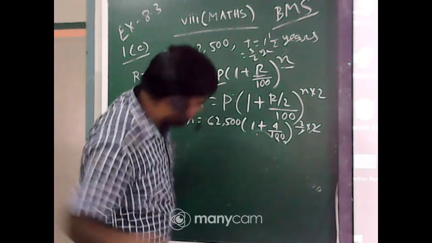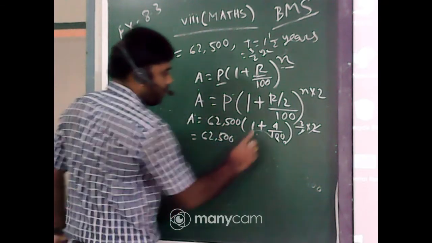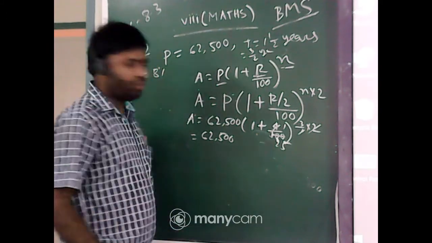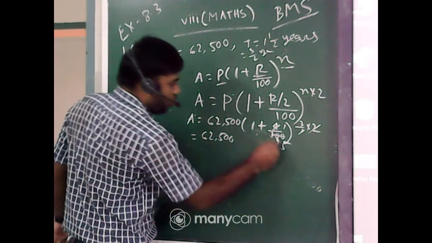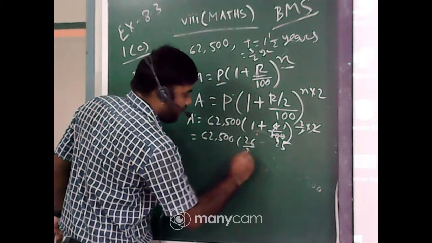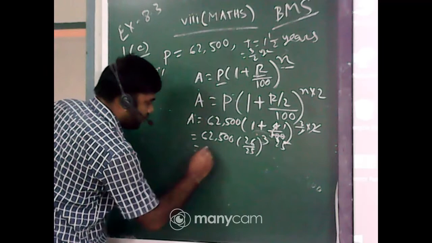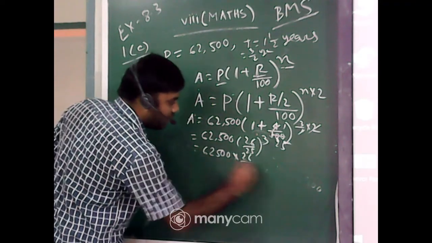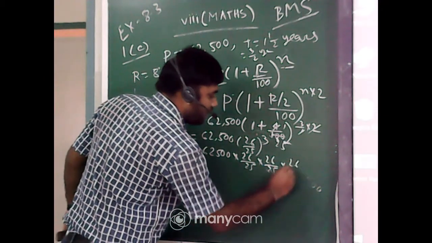62,500 divided by 2,500, as it is 25, I think it will be easier. So that will be 26/25 whole to the power 3. As it is 3, it will appear 3 times. So 26/25 into 26/25 into 26/25.